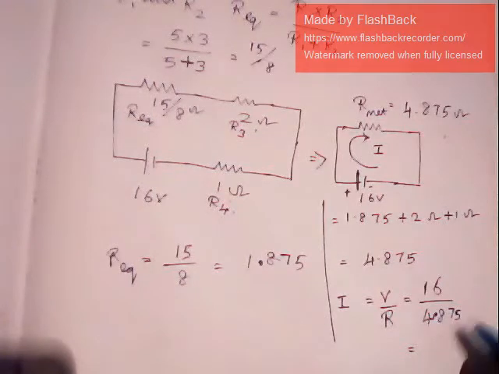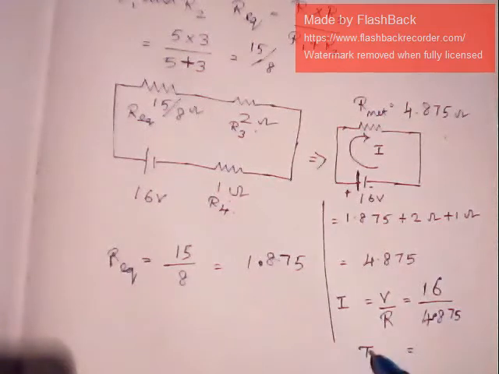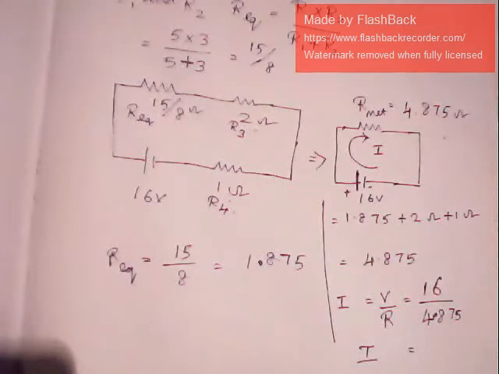You can divide on your calculator and find the value of I. That is the total current supplied by this battery. Once you find the total current supplied by the battery, you can go on to find the voltage drops in each of the resistors.